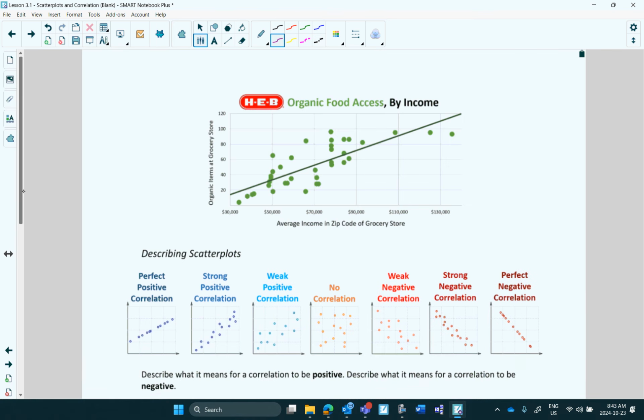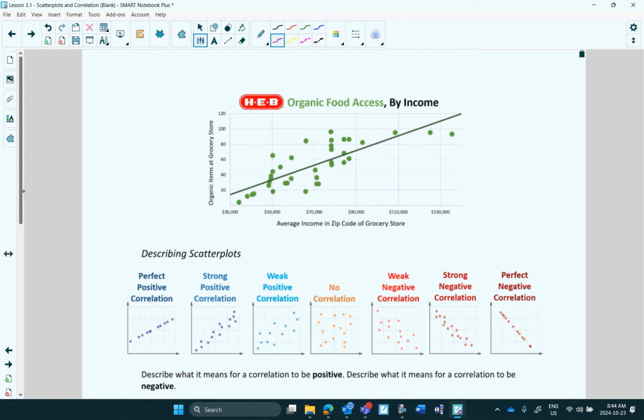So if we take all that data, and remember, income is the explanatory variable, so that's the x variable that goes on the horizontal axis. Organic items offered, that's the response variable, okay? That's the y-axis or the vertical axis.